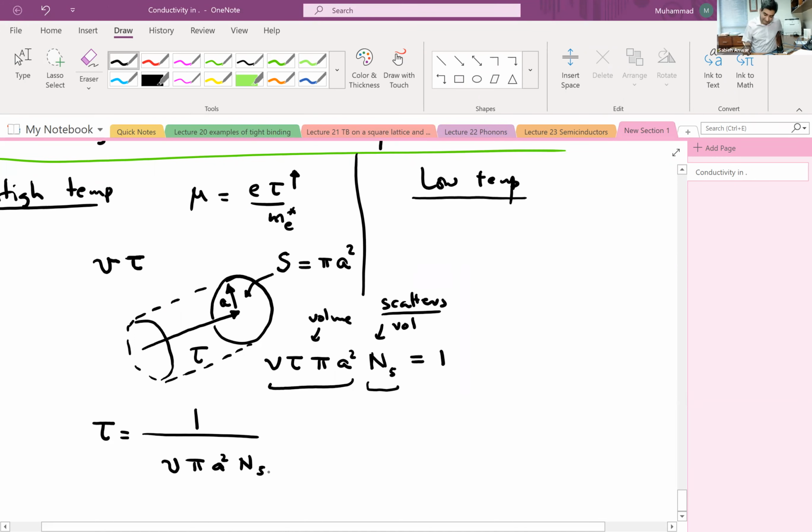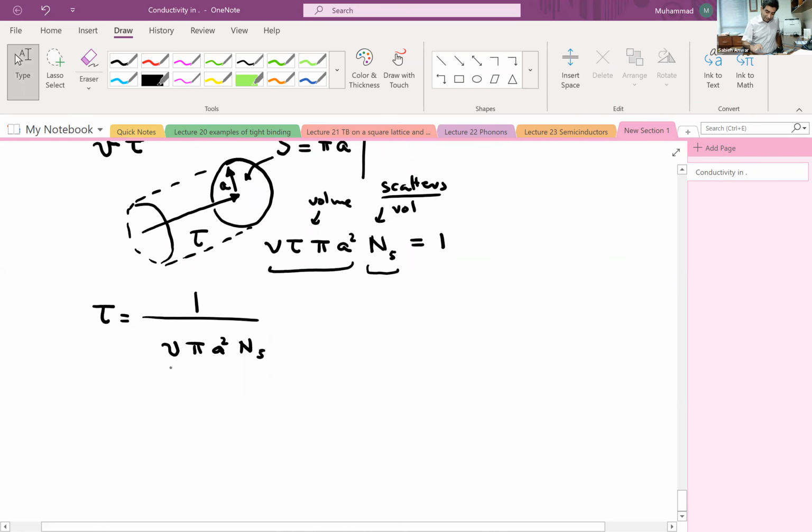So this is the scattering time for an electron. Now, how does this depend upon temperature? Can anyone give me a clue on which of these factors depends upon temperature? ns, the number of scattering centers, is fixed. You're not changing the density of the solid. It's not changing with temperature.